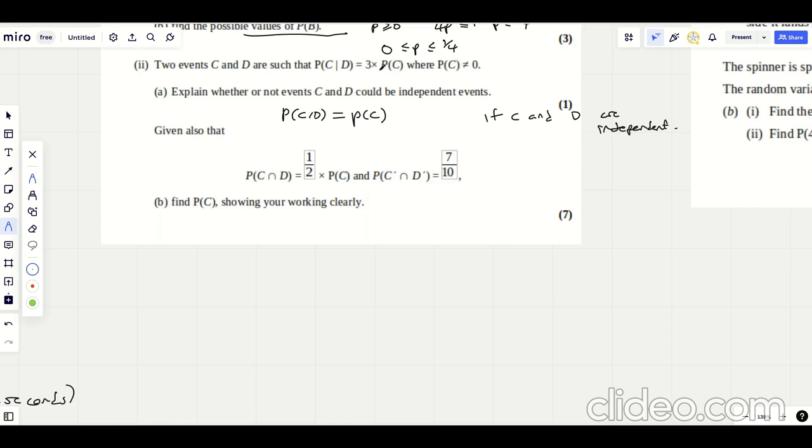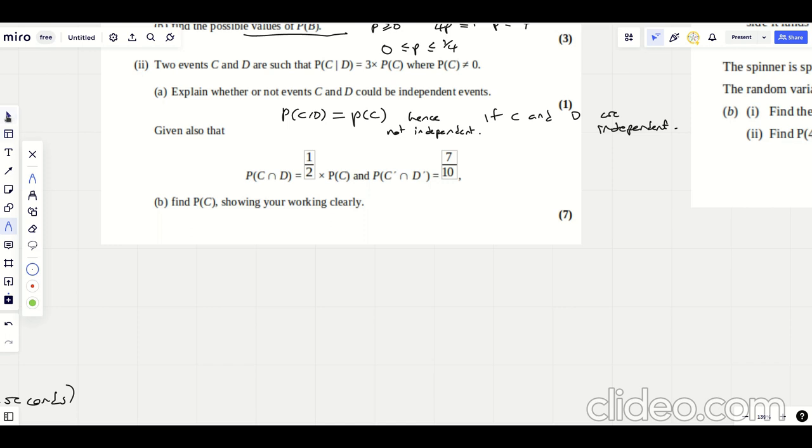If P of C doesn't equal 0, there's no way probability of C given D can equal P of C if probability of C given D is 3 times P of C. And hence, they're not independent. Guaranteed. They're not independent.